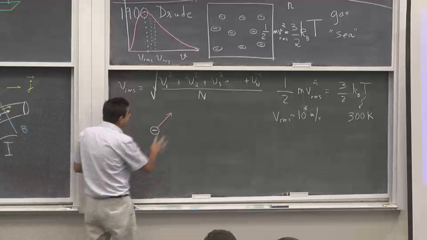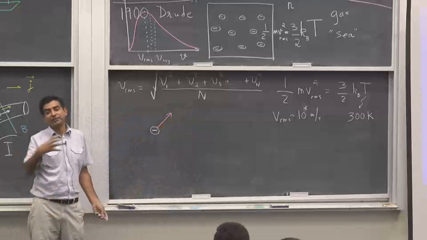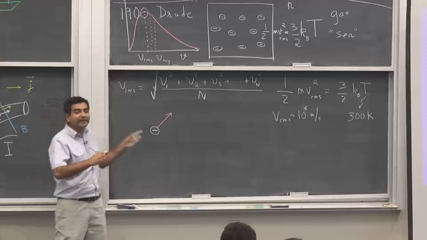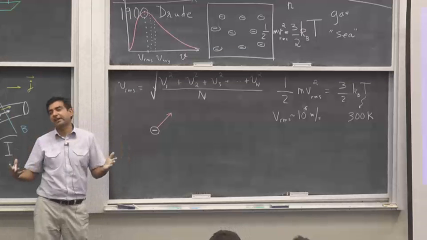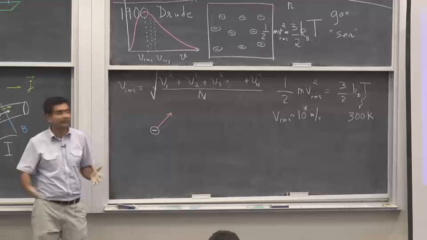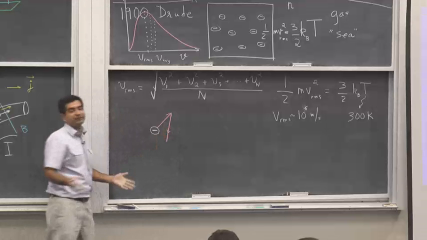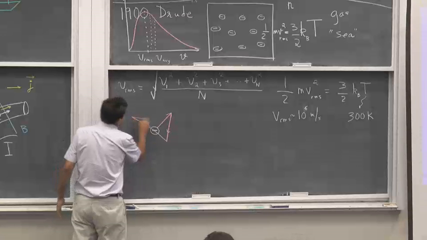Then it sees some ionic core inside the metal. The metal must have ions as well that are fixed in their position relatively. And when it collides with the ionic core, it scatters, it changes its direction. And then it scatters in a different direction and starts moving with a high speed again. And then it keeps on changing its direction.